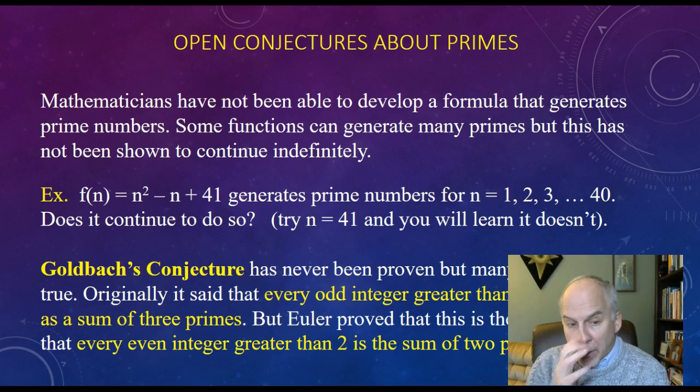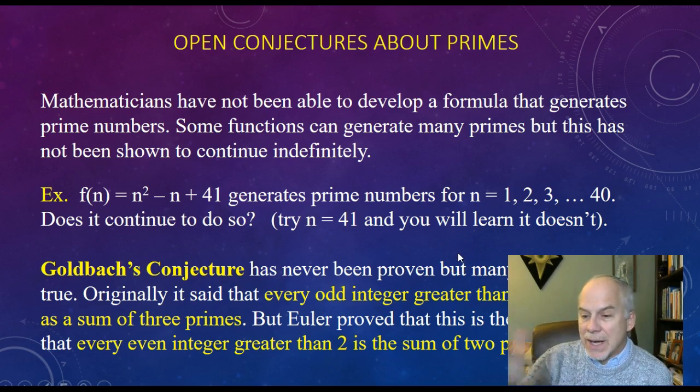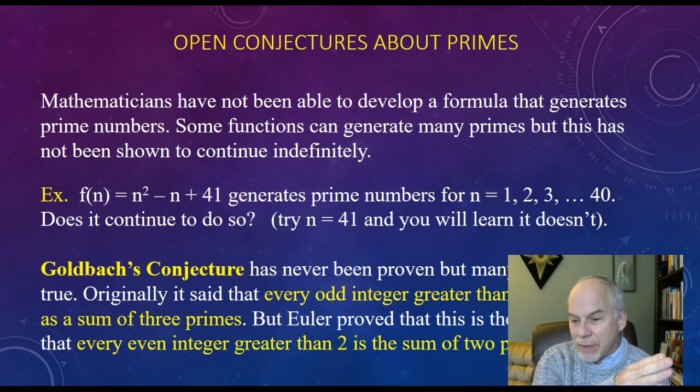Okay? But does it continue to do so? No. If you try n equal 41, it will not work. So it might work 40 times, and then on that 41st time, it fails and does not generate a prime number.